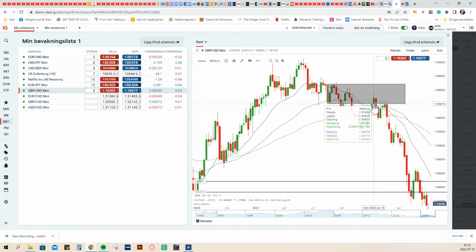So you see here, entry here, you can have your stop loss here, and it goes down, up, and this time you see, again, it's a supply level here, so the price refuses to go into the box.